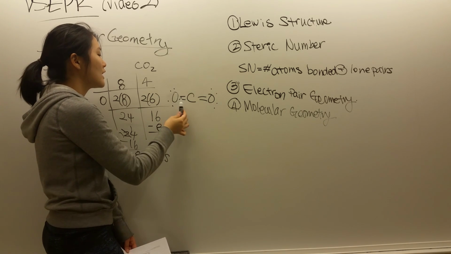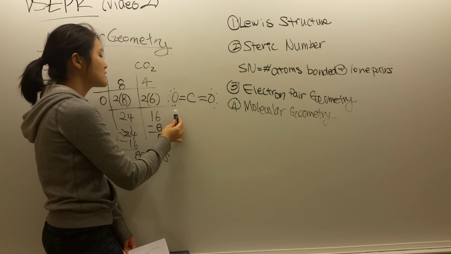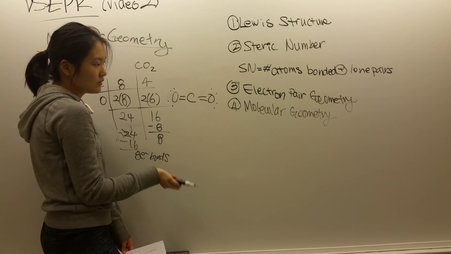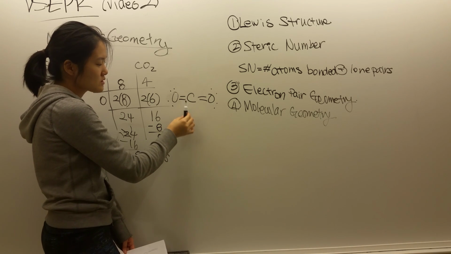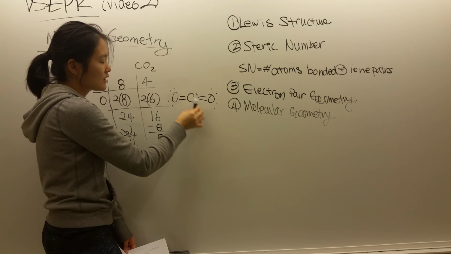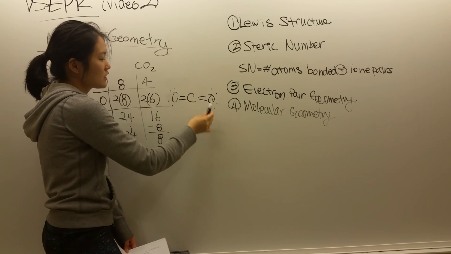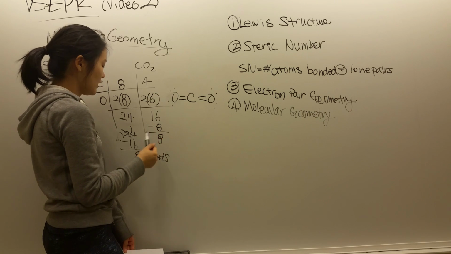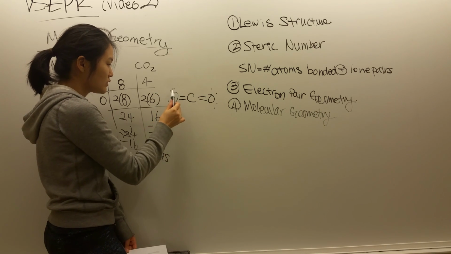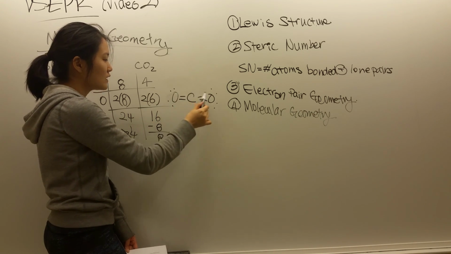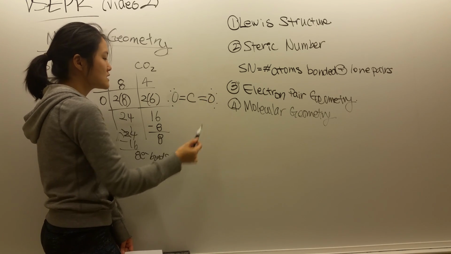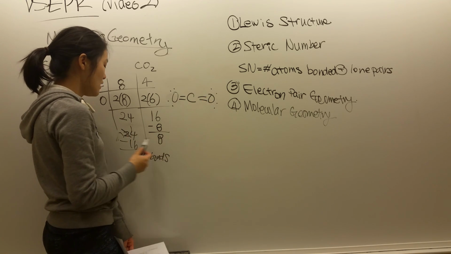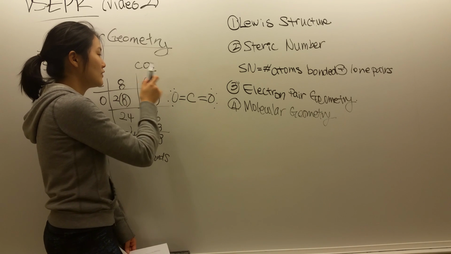Oxygen, this child has 8 valence electrons. Carbon also has 8 valence electrons. Oxygen here has the same thing, so they're all satisfied. Let's count if they all add up to 16. 1, 2, 3, 4, 5, 6, 7, 8, 9, 10, 11, 12, 13, 14, 15, 16. We used up all 16 of the electrons that the CO2 had.